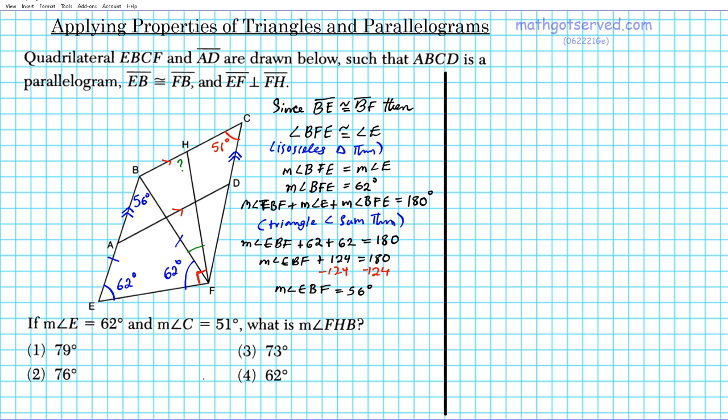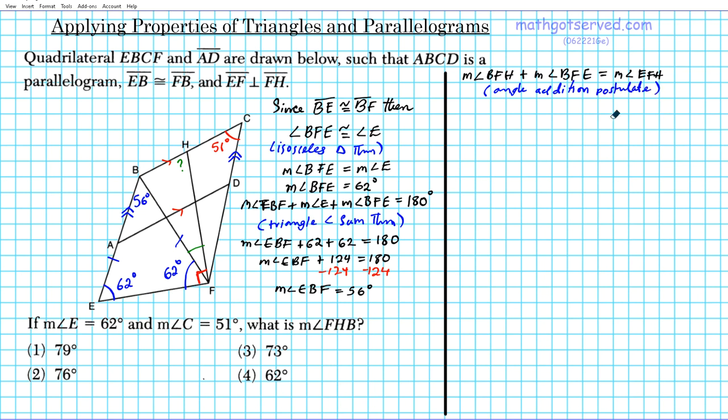Using the angle addition postulate, we can say that the measure of angle BFH, this tiny little angle right here, plus the measure of angle BFE, the blue angle over here, so the blue plus the green is the combination of both of them, which is the measure of angle EFH. This is the angle addition postulate.